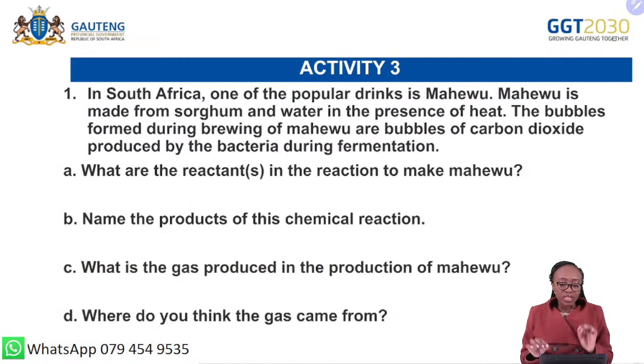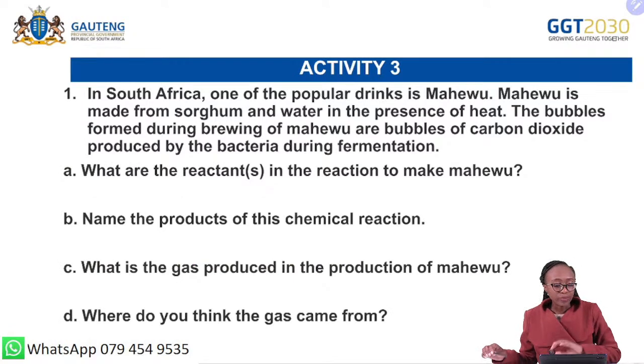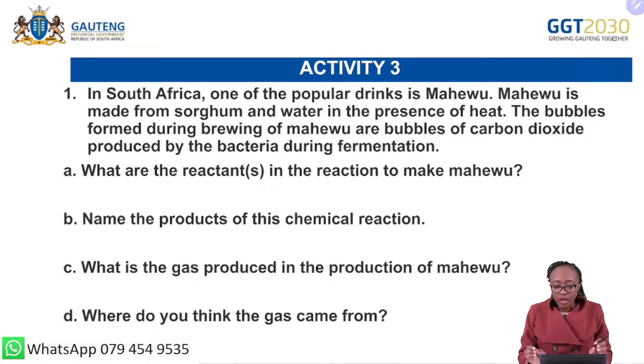Now, this is our third activity. In South Africa, one of the popular drinks is maheu. Maheu is made from sorghum and water in the presence of heat. The bubbles formed during brewing of maheu are bubbles of carbon dioxide produced by the bacteria during fermentation.